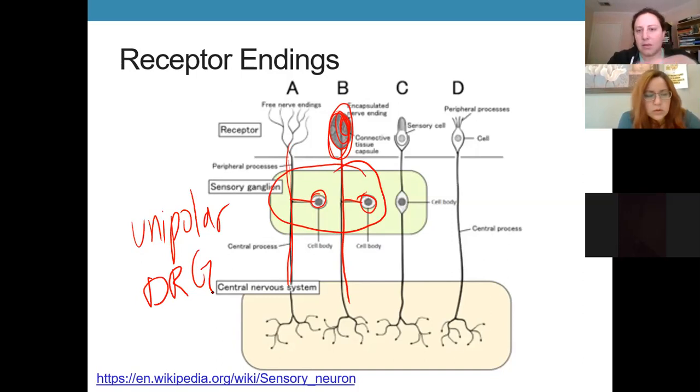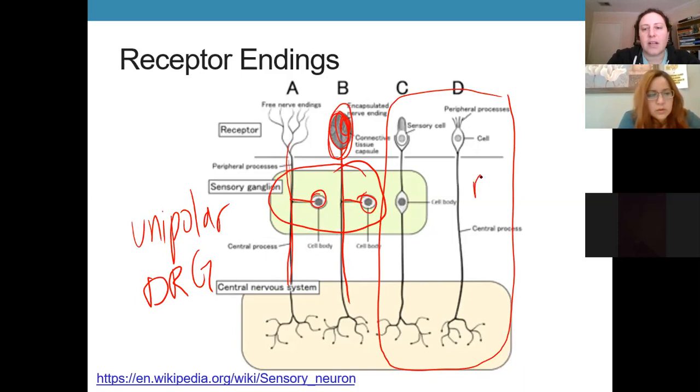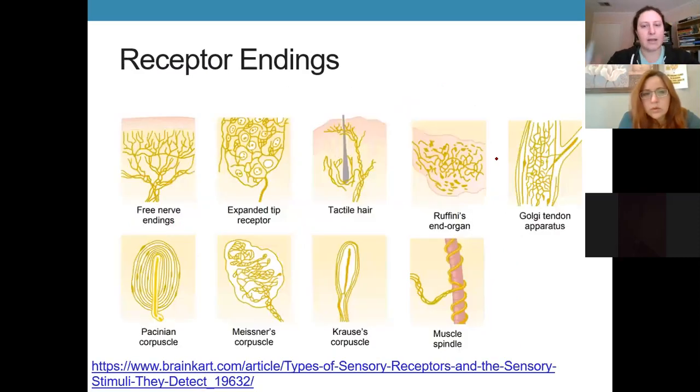All of that goes together. When we look at the more specialized ones, these are special senses, we'll look at them later, and we have more bipolar cells.